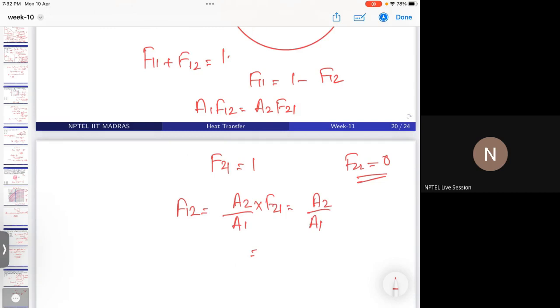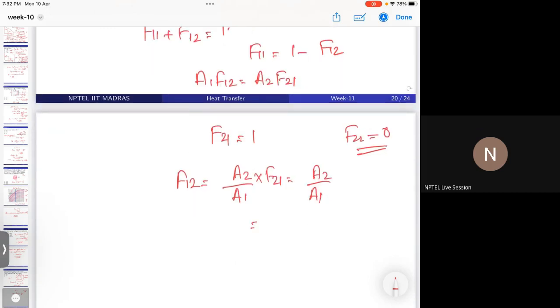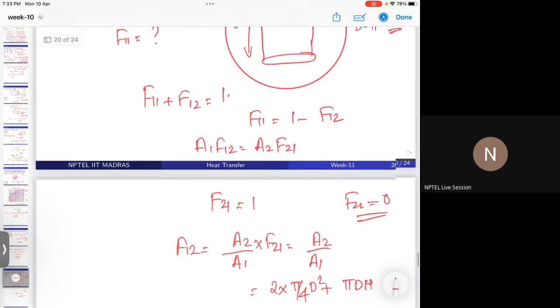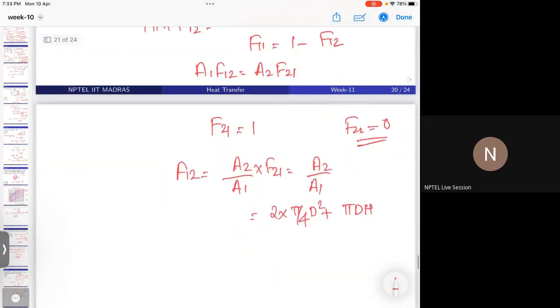What is A2? That is 2 top and bottom, that is 2 times pi by 4 d square plus the curved surface, that is pi d h, the whole divided by the surface area of the sphere, that is 4 pi r square.